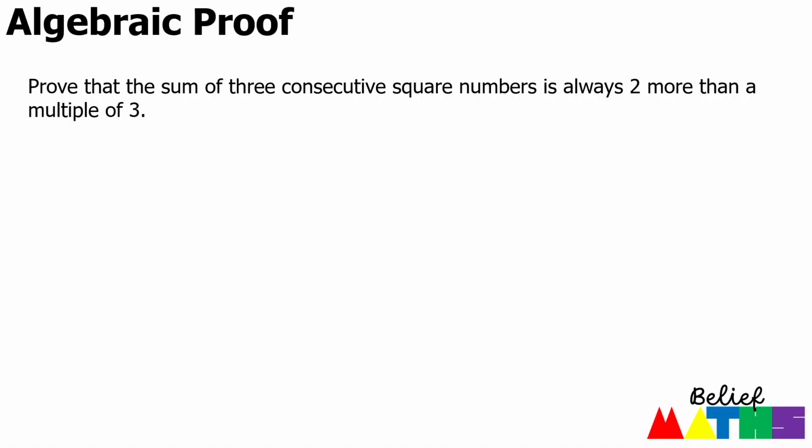Now, similarly in this question, we want to prove the sum of 3 consecutive square numbers is always 2 more than a multiple of 3. So again, we're going to look at our square numbers. So the first one is n squared. The next one is n plus 1 squared, because that's our next consecutive number, it's 1 more, and then n plus 2 squared. And the sum just means to add all of those together.